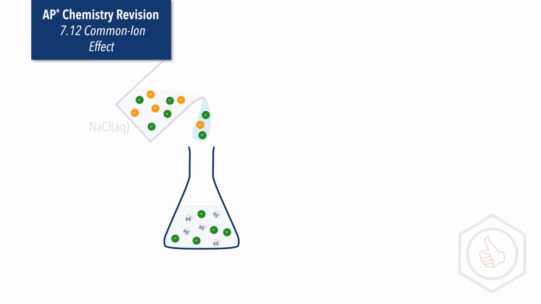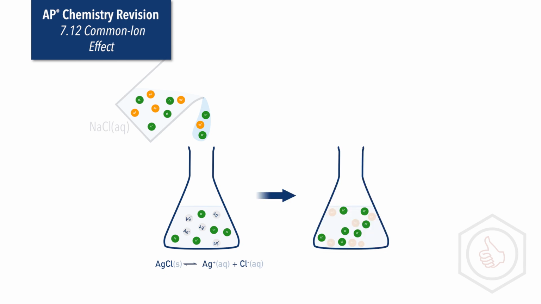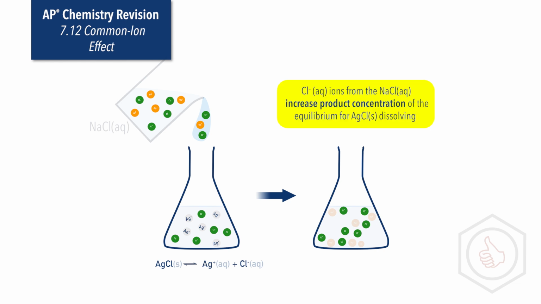Treating the dissolving of the AgCl as an equilibrium system, we can see that the added Cl- ions from the NaCl solution increase the product concentration for the equilibrium system. According to Le Chatelier's principle, the system will respond by shifting the equilibrium position to the left, reducing the concentration of ions in the solution, and as a result, forming more solid AgCl. Because of this, a visible precipitate of AgCl will form.